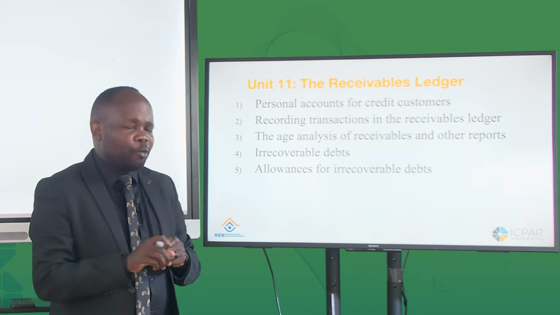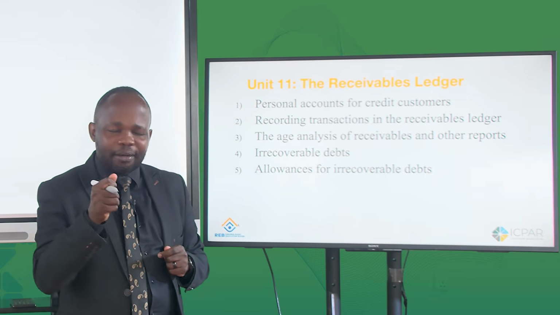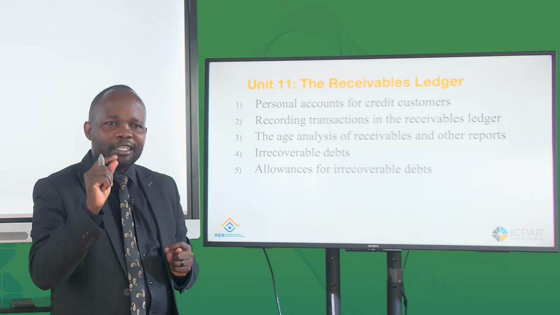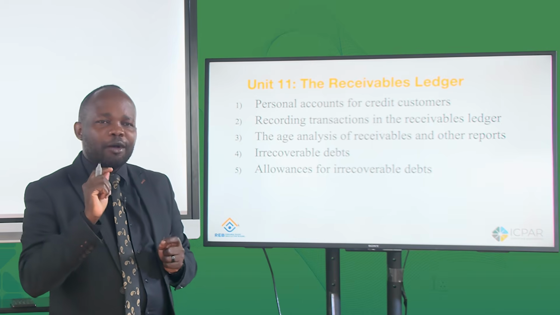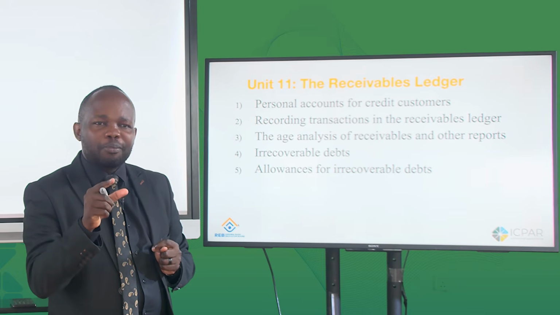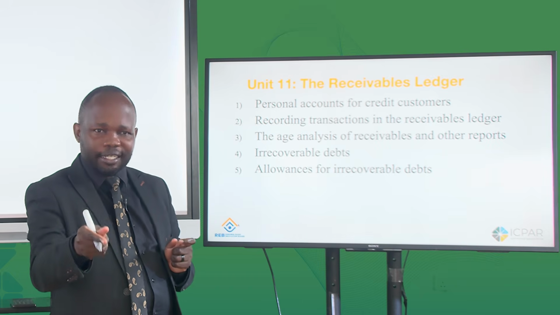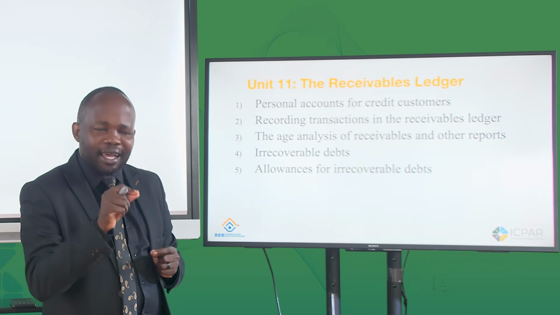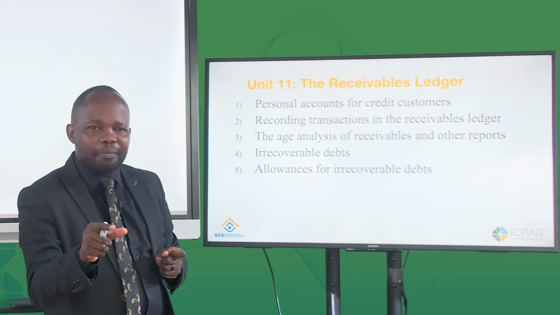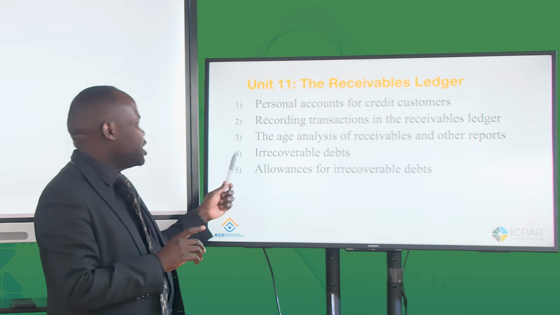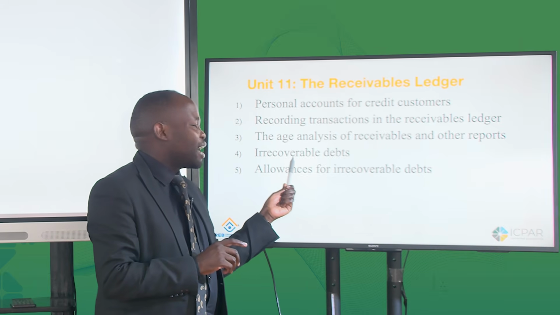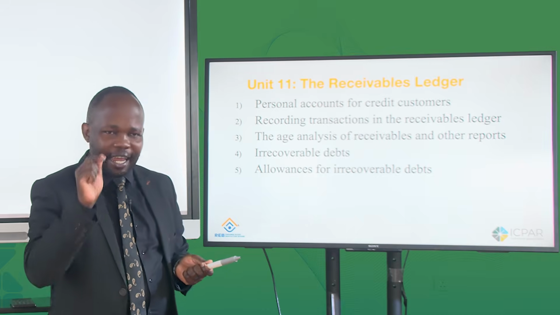And then we are selling something to a customer, and the customer is to pay us at a future date. Because the payment is at a future date, the future may not be predicted with certainty. So some customers may default in their payments. That default is accounted for under what we call irrecoverable debts, which is an expense.